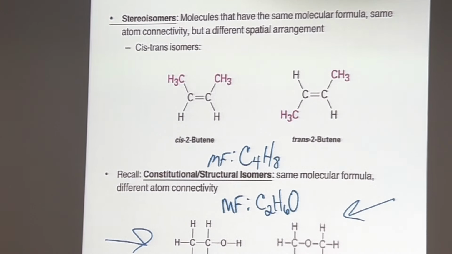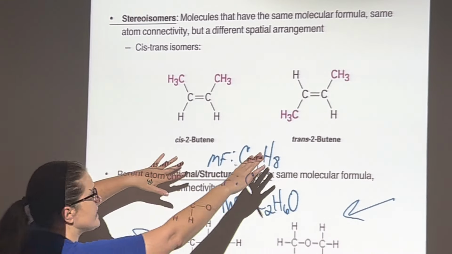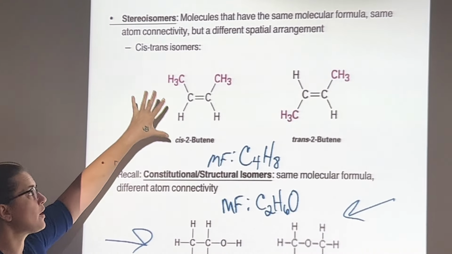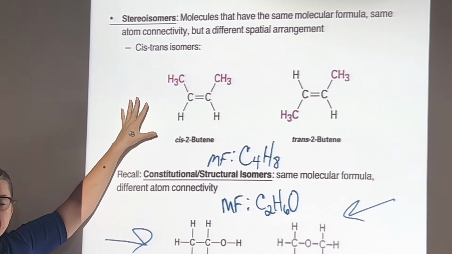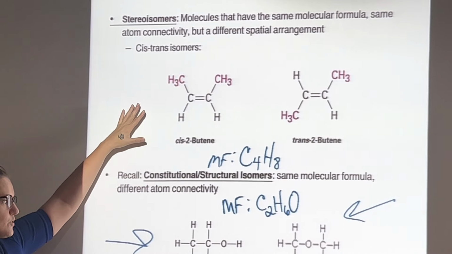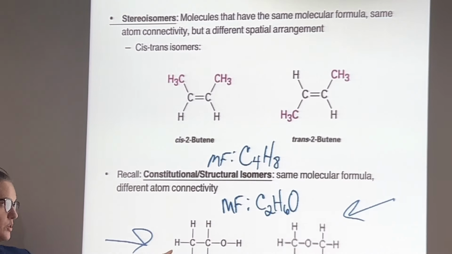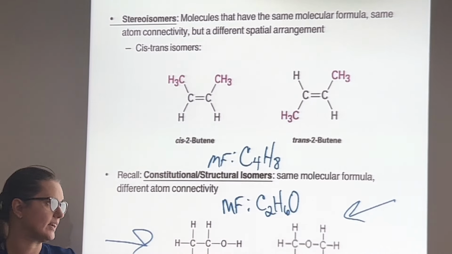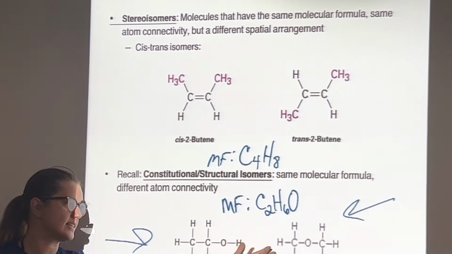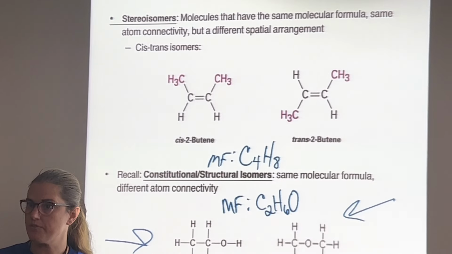And anything else? No. Nope, just C4H8. Okay, so both of these are C4H8, so we know there's some kind of isomer, right? If we're looking at structural or constitutional isomers, you have different connection of atoms. So we had CCO, and here we had COC. So we can see how they're connected differently, right, folks?